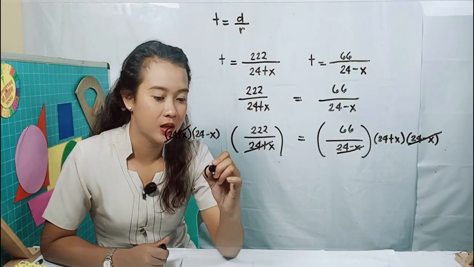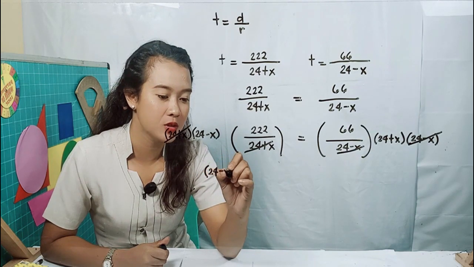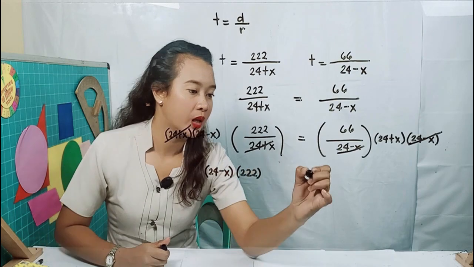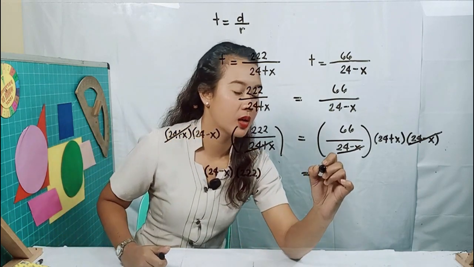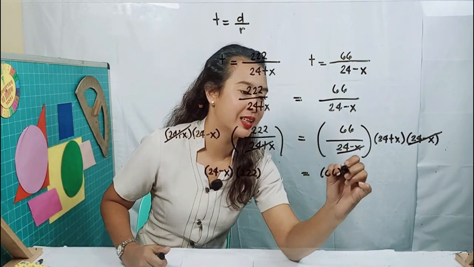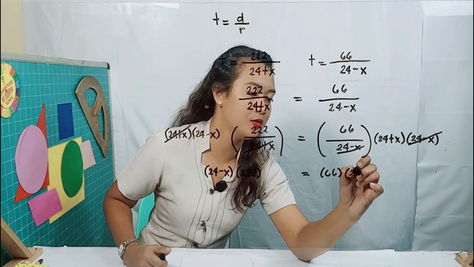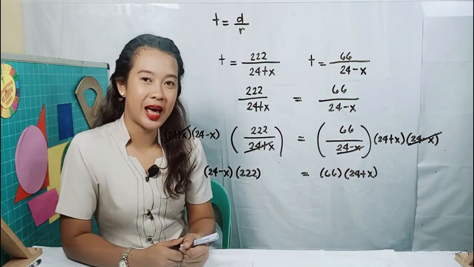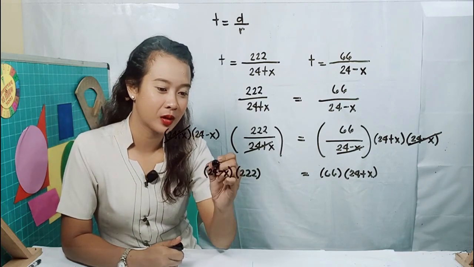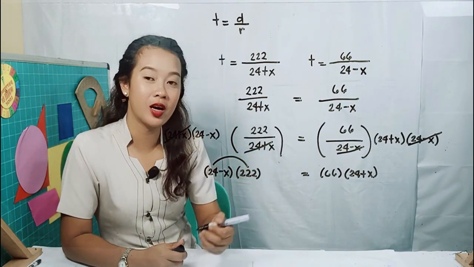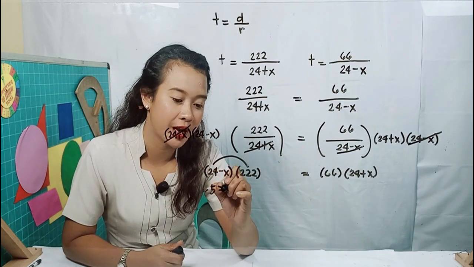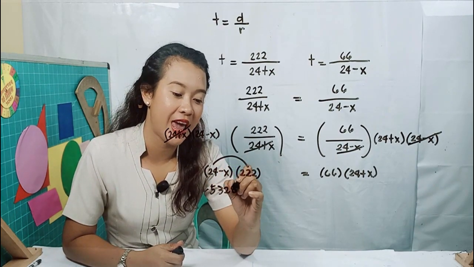The quantity of 24 minus x times 222 equals 66 times the quantity of 24 plus x. Let's apply the distributive law. 24 times 222 is 5,328.